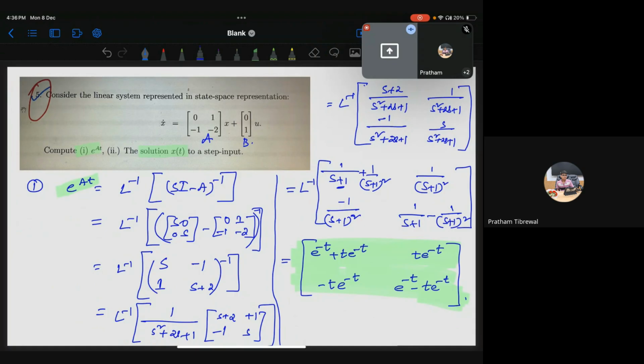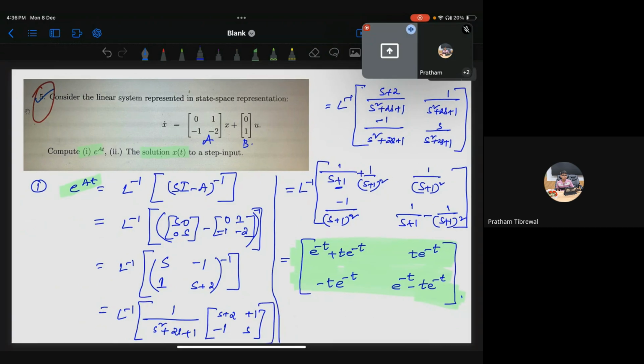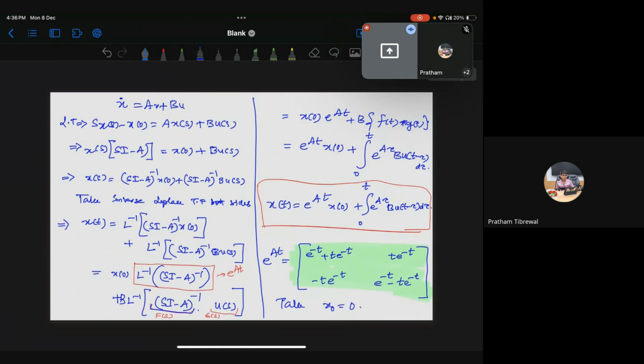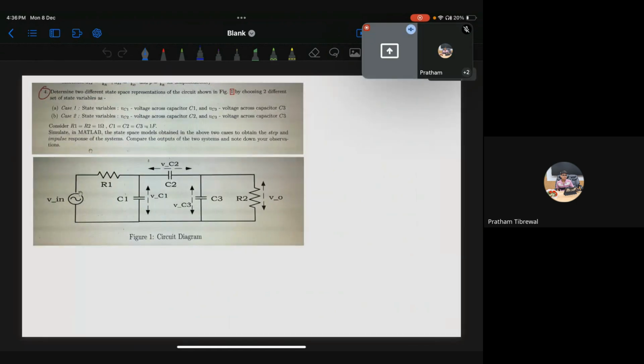Then you can substitute into the equation. So you can take initial conditions as 0, so x of 0 is equal to 0. When you take initial condition 0, this term will become 0, and you will substitute e power at.